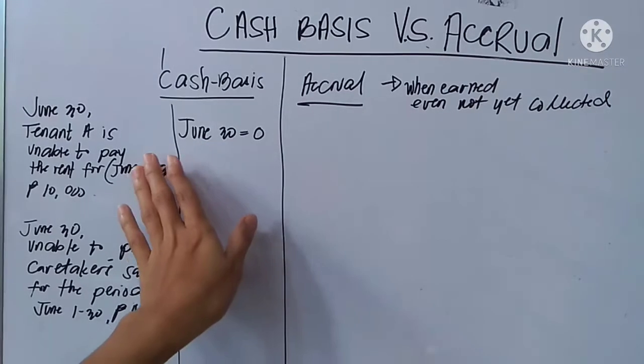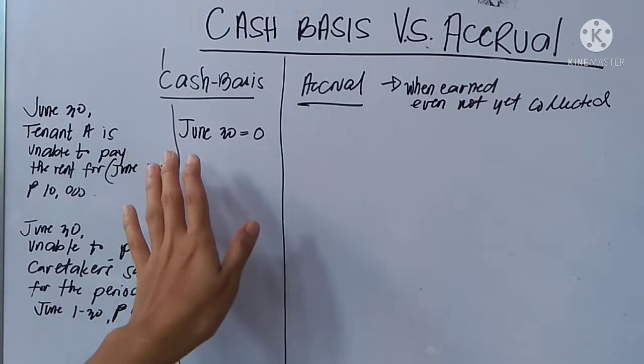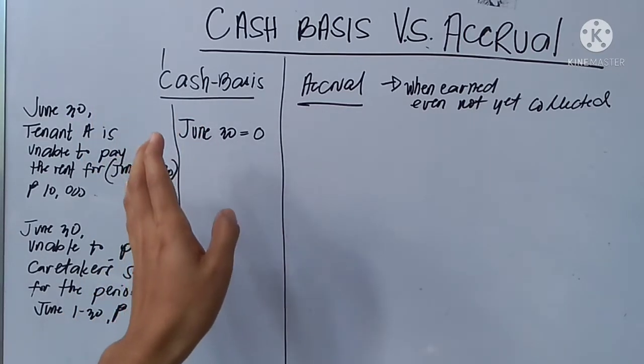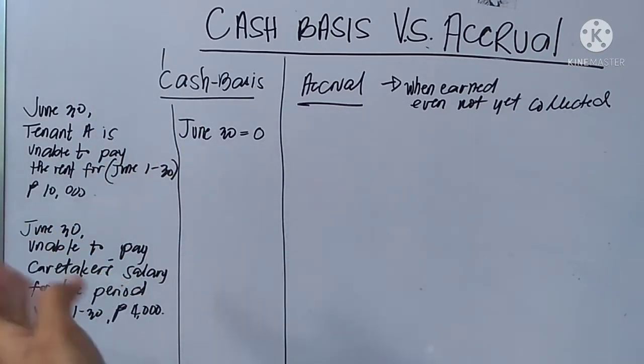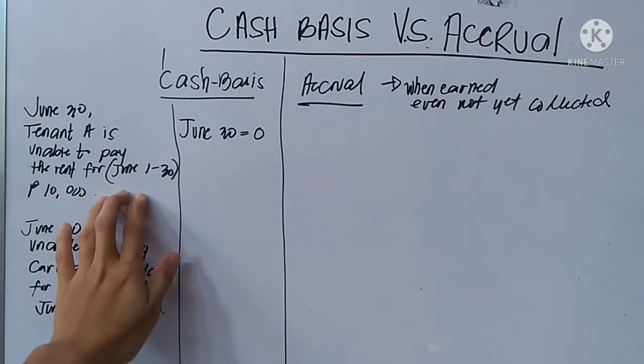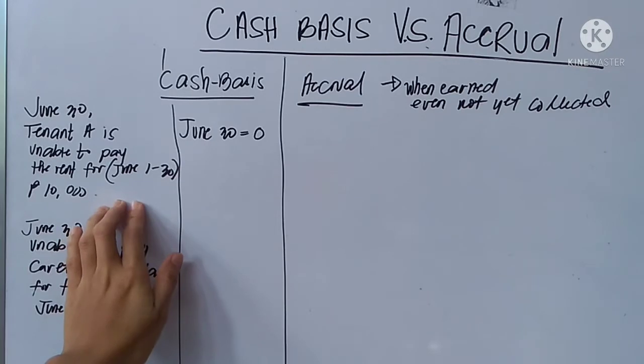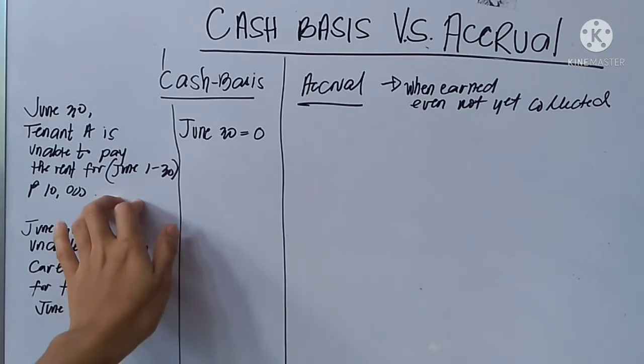While in cash basis, you will record or recognize revenue when you receive the money, when you receive the cash. So, in this situation, when you are in accrual accounting, meron kang entry for June 30.